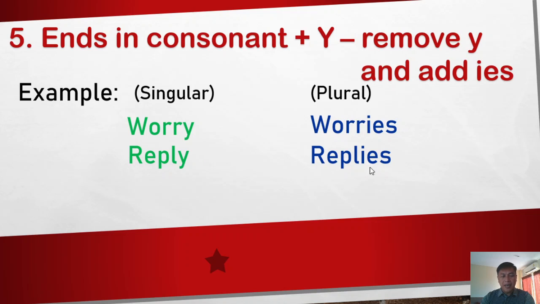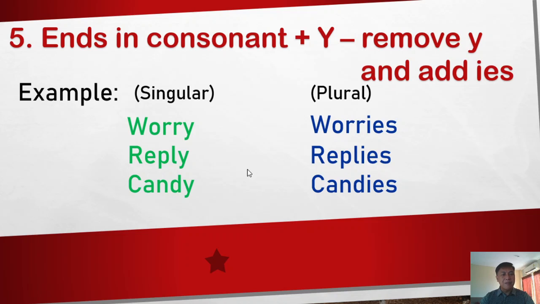Reply, replies. Next is candy. Again, the word ends with consonant and Y, D-Y. So remove the Y and add I-E-S. That becomes candies.